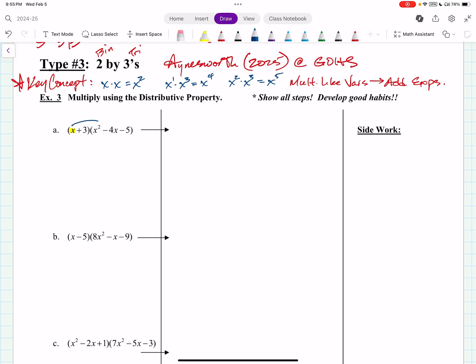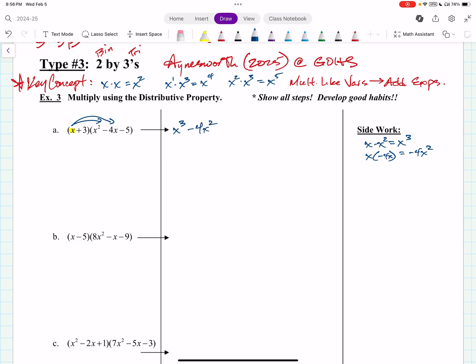So here we have x times x squared, which would be x cubed. Again, x times x squared gives you x cubed. When I multiply x times negative 4x, obviously that's negative 4x squared, so I've got a minus 4x squared here.